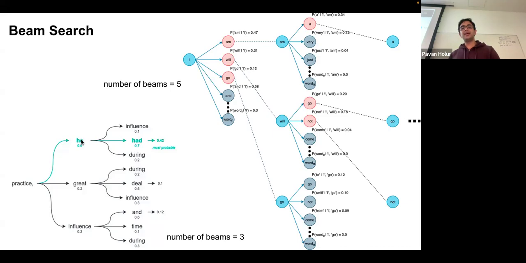And then from he, if you generate 3 more tokens from each of these tokens being generated, you get influence, had, during. For great, you have during, deal, influence. And for influence, you have and, time, during. So what this is showing you is a 2-step beam search, where from practice, you're finding the top 3 most likely tokens to succeed practice, and you have a probability associated with each one.